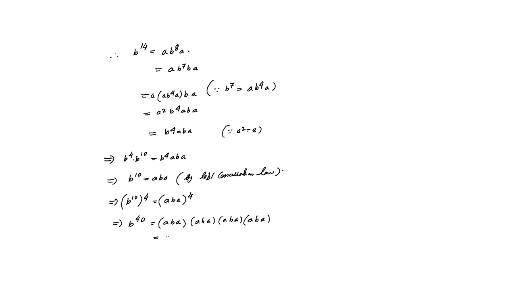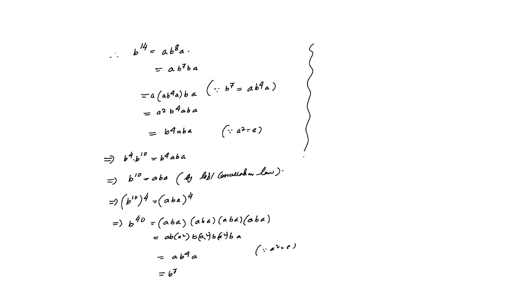So by associative law we can write A B square, B square, B square, B A. Since we know A square equals identity, if we put that here, that will be A B to the power 4 A. Again A B to the power 4 A means B to the power 7.